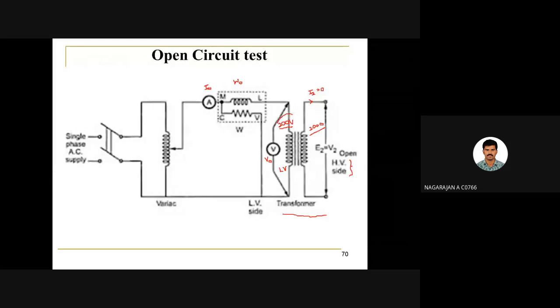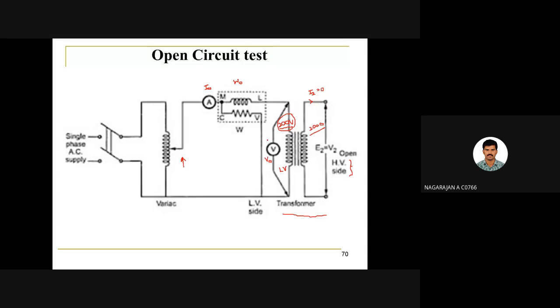I will apply the voltage using this auto transformer. When I increase the voltage with the auto transformer, I will read the value from this voltmeter. When the voltmeter reading is 200 volts, I'll start this experiment. So by applying the rated voltage, I'll do this experiment.